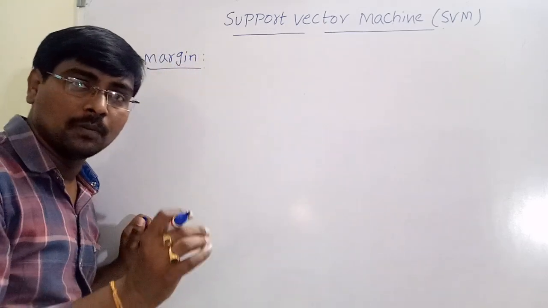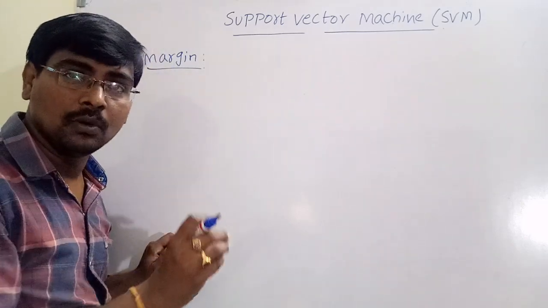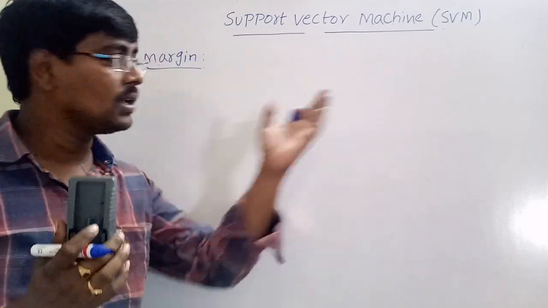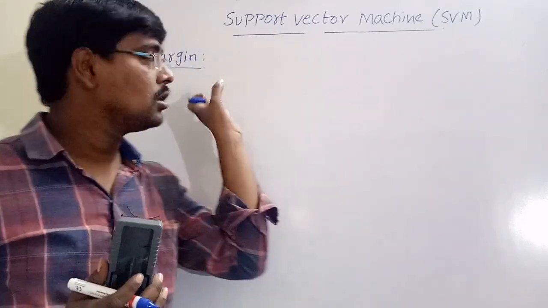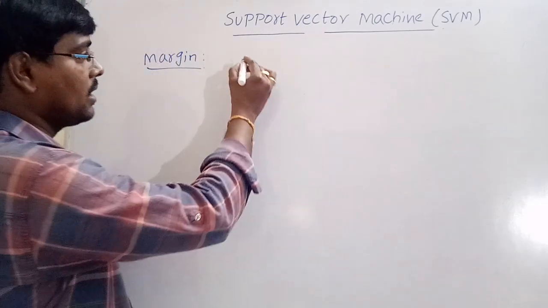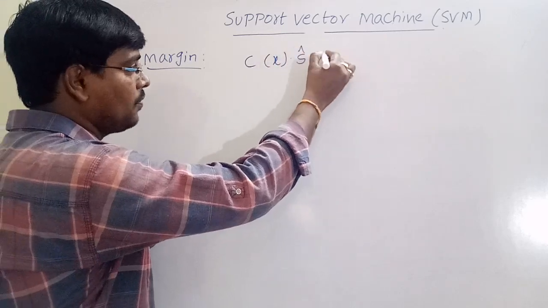Margin of an example. Example means an instance. The margin of an example is assigned by the scoring classifier as C of x into S cap of x.